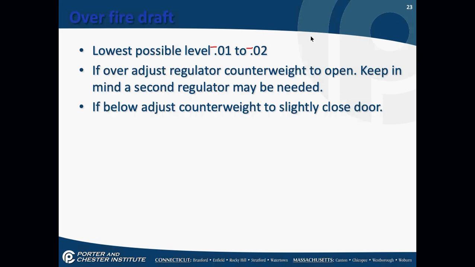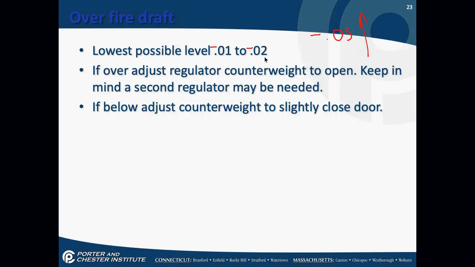Keep in mind a second regulator may be needed. In other words, if we have a negative 0.05 over the fire, my chimney is pulling way too much air. We're going to adjust the counterweight to open the door to the point that it pulls the draft down to my 0.01 or 0.02 range.